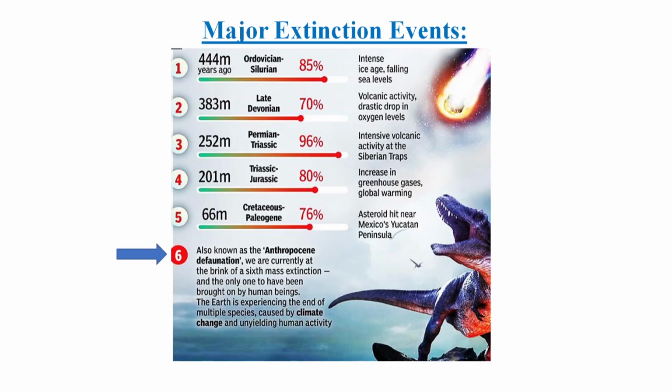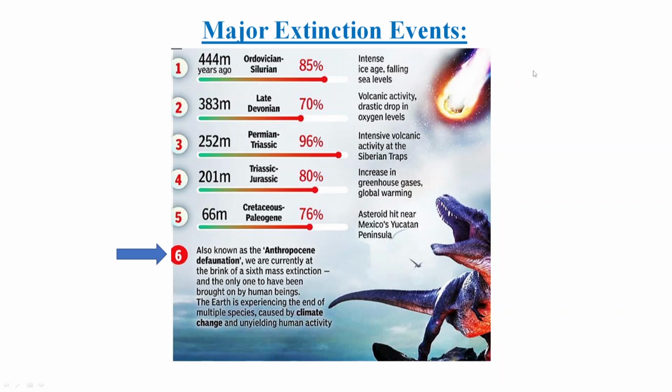At about 252 million years ago, at the time of the transition from the Permian to Triassic time period, 96% of the existing biodiversity got lost due to intense volcanic activity at or near the present Siberian region.